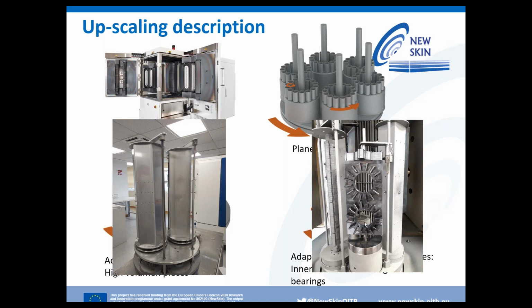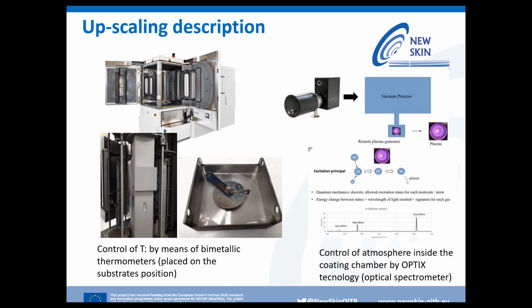Currently we are working on this part, and in this case we have obtained a good result in homogeneity, because if you don't have this rotation, you have more thickness in one part compared with others. With the rotation, we can obtain very homogeneous coatings on the inner surface of the rings.